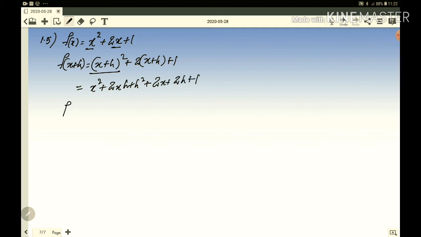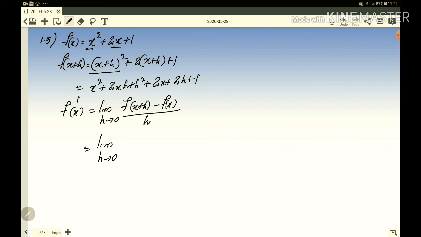Now go to the formula, that is f'(x) equals limit h tends to 0, f(x+h) minus f(x), divided by h. I'm going to substitute the limit h tends to 0.